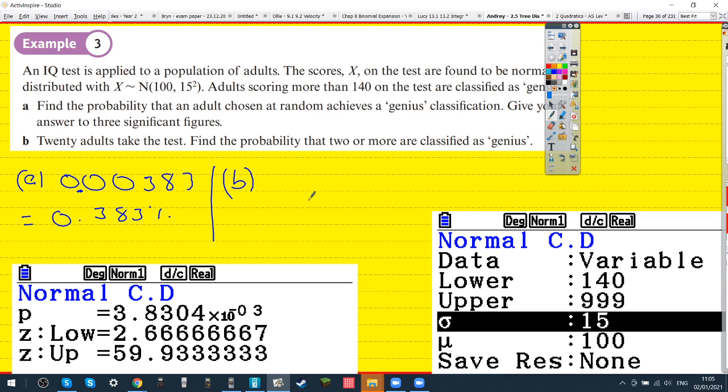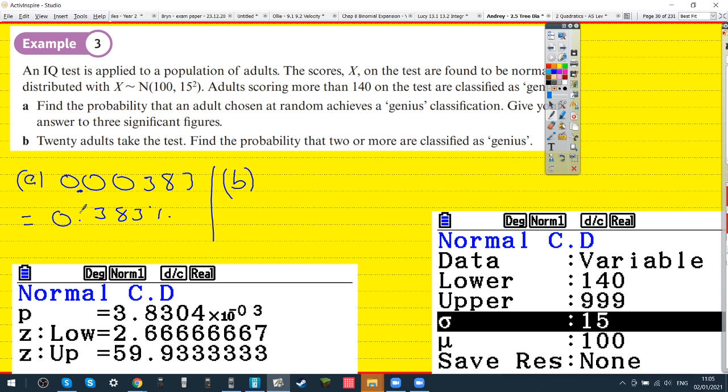Then we have to do this, part B. So 20 adults take the test. Find the probability that two or more are classified as genius.